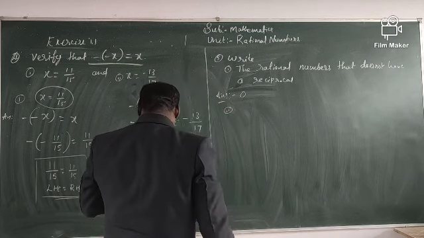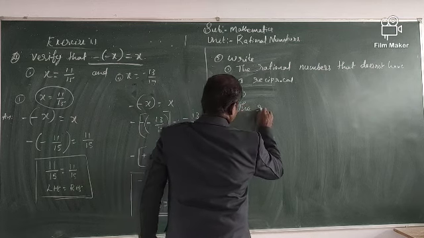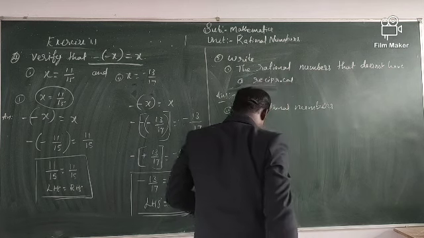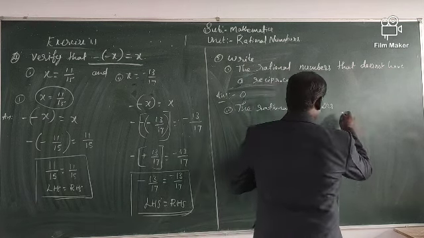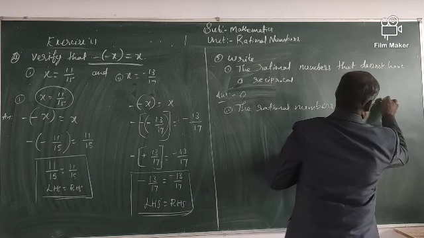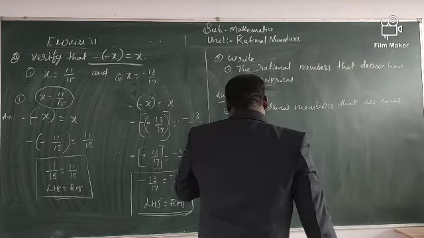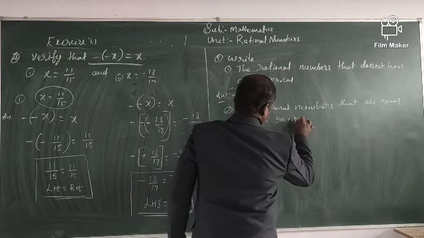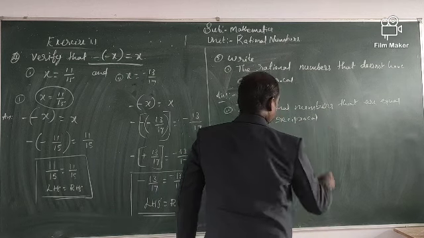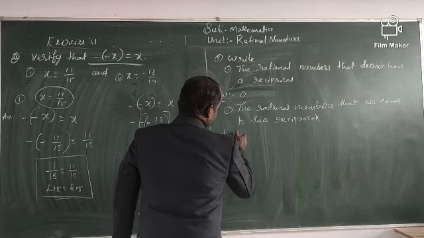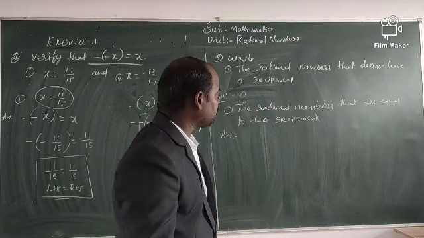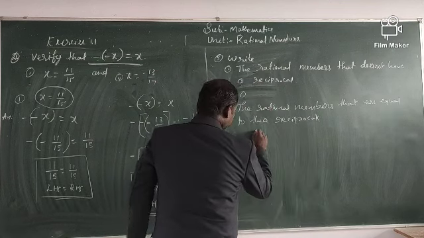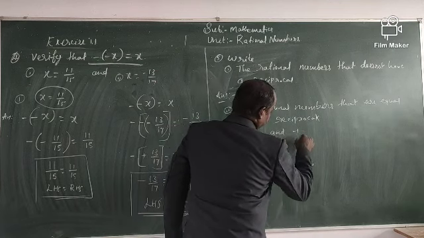Second one: the rational numbers that are equal to their reciprocals. See children here, which numbers are they? Yes, those numbers are 1 and minus 1.